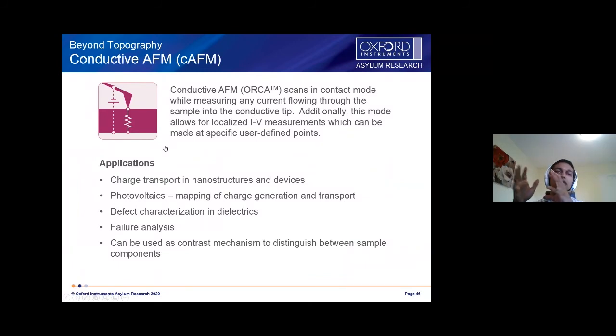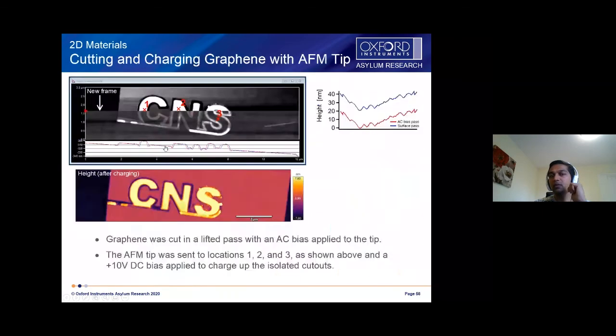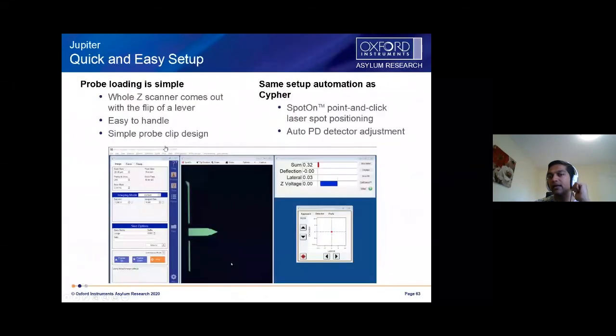So the short answer is conductive AFM is a much more powerful and reliable technique than STM. Now, the reason STM is still popular is because STM can get very high resolution, especially if you do it in ultra high vacuum. The interesting thing is that recently on the Jupyter AFM system, we have been able to get STM quality conductive AFM data.